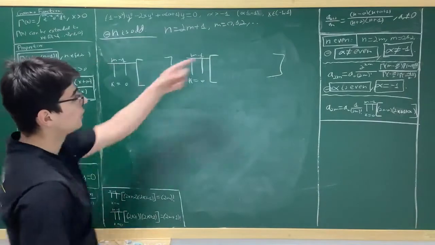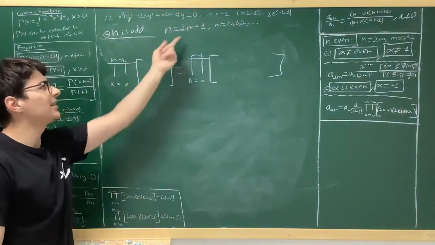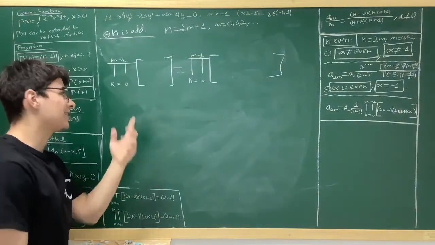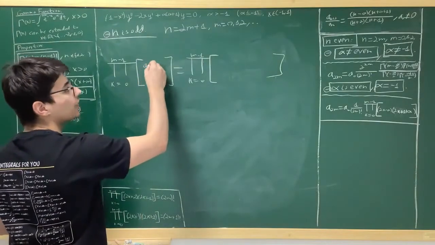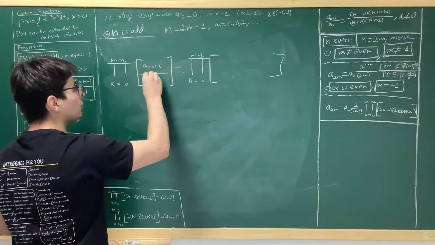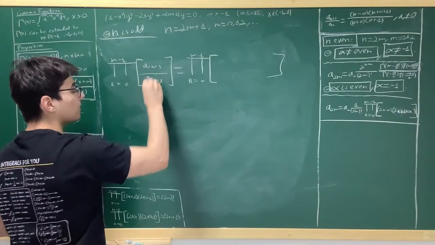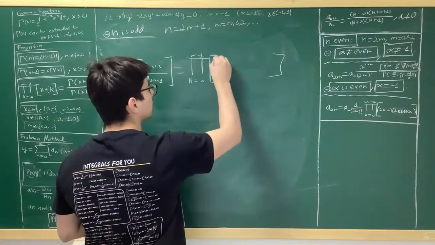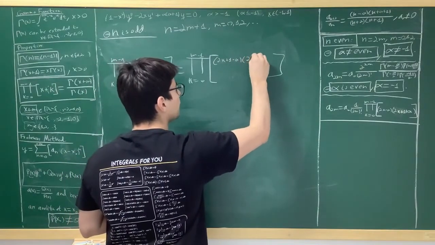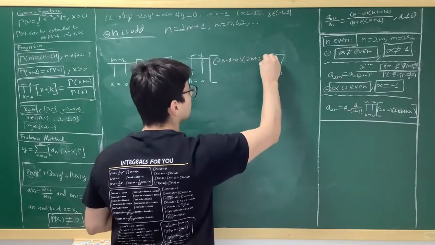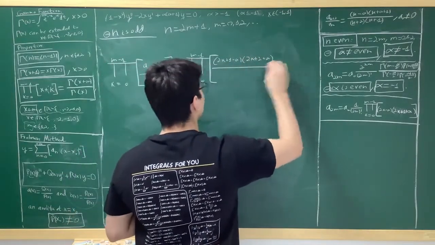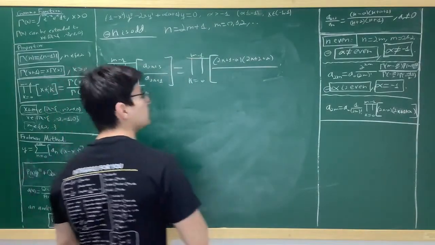So a_{n+2} over a_n, where n is 2m plus 1, but instead of m, as we said, we're going to write k, so we can take the sum, or in this case the product. So a_{2k+1+2}, that is a_{2k+3}, over a_{2k+1}, is 2k plus 1 minus alpha over 2k plus 3 and 2k plus 2 plus alpha.